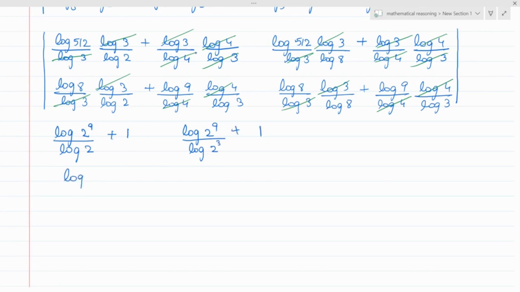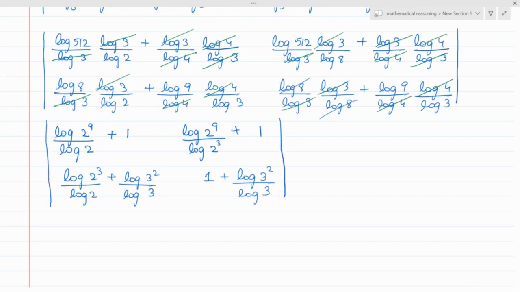Here 8 can be written as 2 cube upon log 2, plus 9 can be written as 3 square upon log 3. And sorry, here log 8 and log 8 get cancelled. So 1 will be left out, plus log 9 is nothing but 3 square upon log 3.